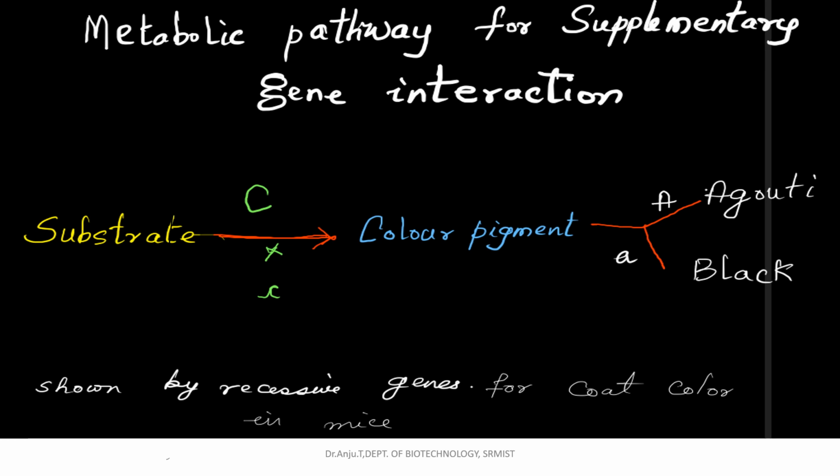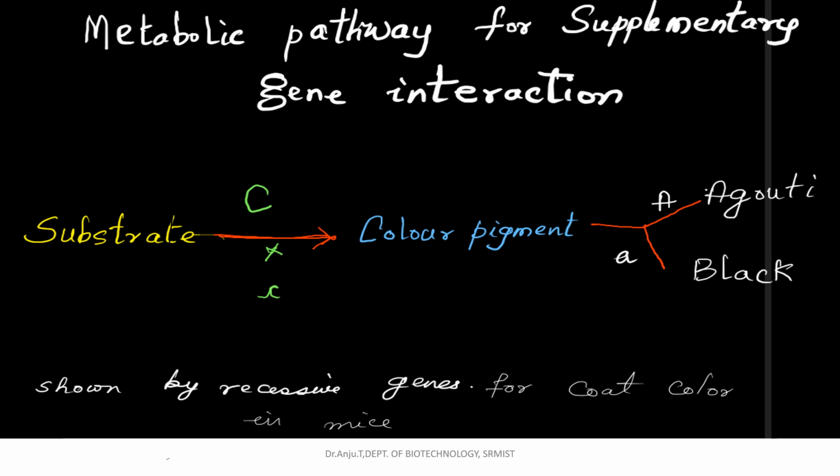So this dominant allele of the C gene produces an enzyme which will convert the substrate into the colored product. But the recessive form does not produce the enzyme. So here the substrate will not be converted into the color pigment.